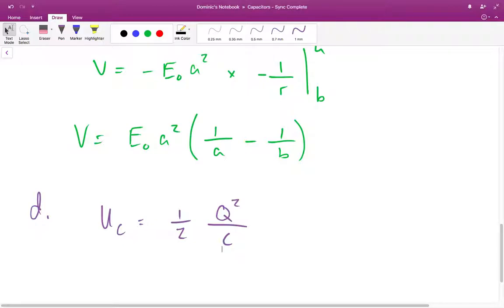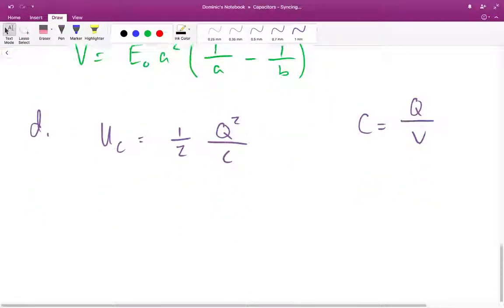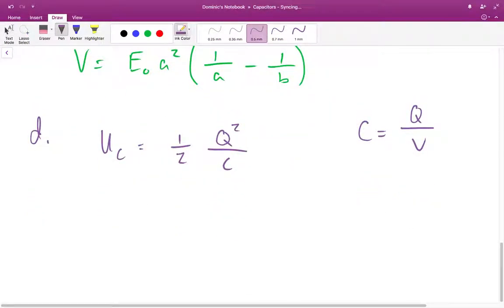I don't know the capacitance, so if I want to rewrite this, I want to get rid of capacitance. But we know that capacitance is charge over voltage, so that's Q over V. And so I can get rid of capacitance in this case.